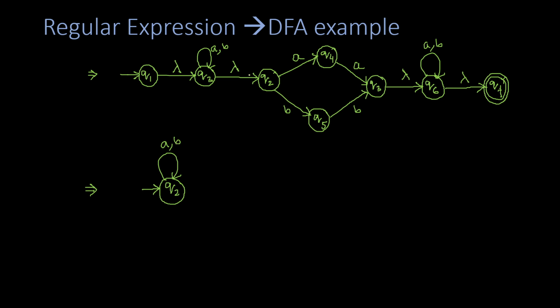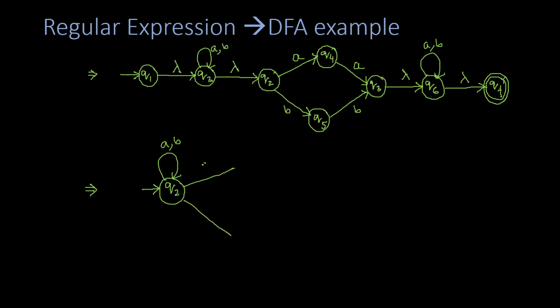and from this Q2 state, what nature will come? The nature of connecting the other part of the DFA with this Q2. That means from this state I can go either this side or this side.